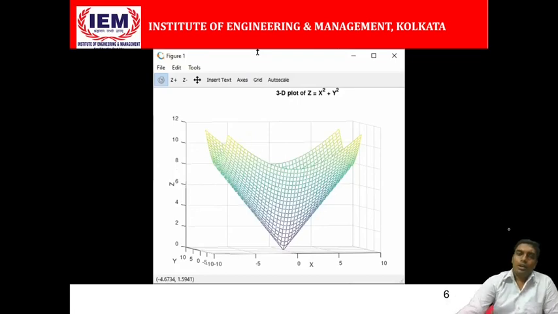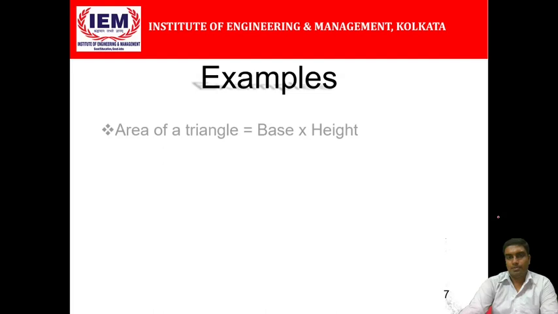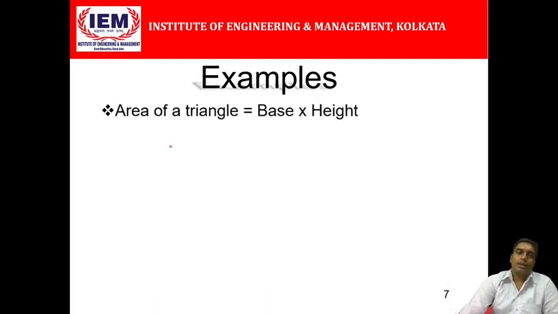Now let us see some examples of why multivariable functions are useful. The area of a triangle is base into height. If you write the area of the triangle as A, then base and height are two independent variables, so area is a function of two independent variables.